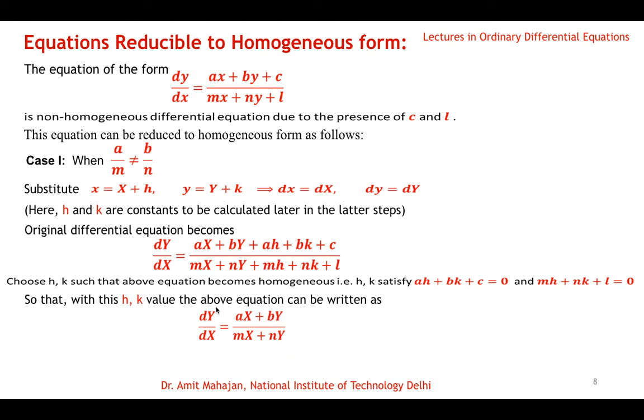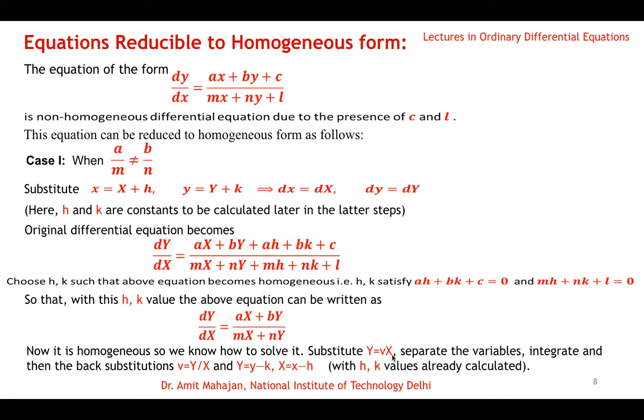And now this is a homogeneous differential equation in the new variables capital Y and capital X, and we know how to solve a homogeneous differential equation. You substitute capital Y as some variable v times capital X. This substitution reduces it to variable separable form.